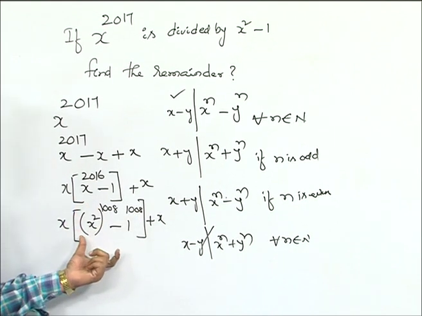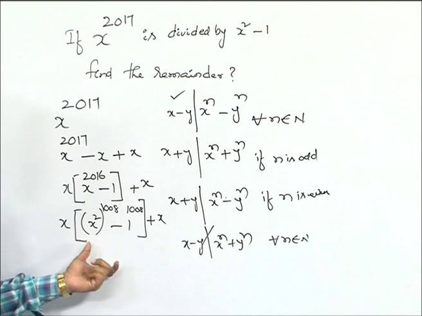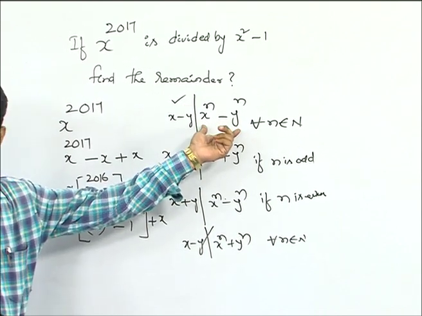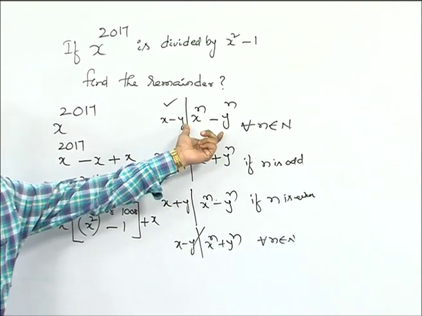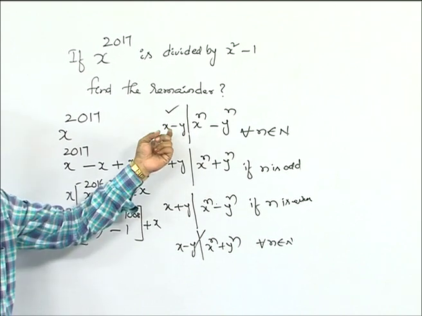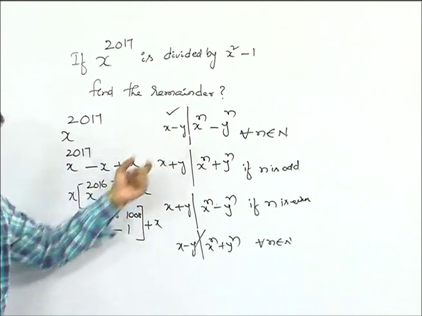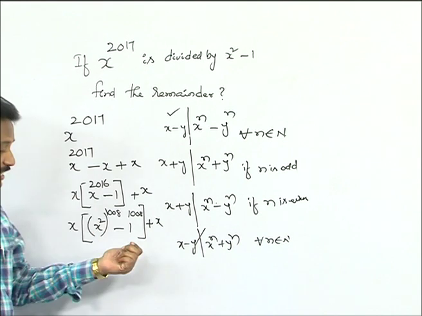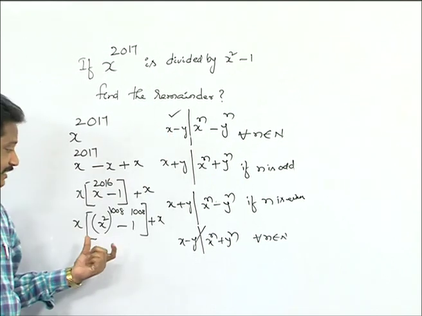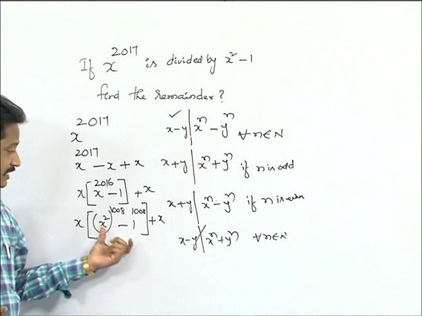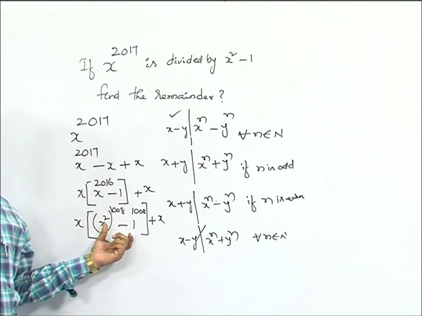So it is very clear this number is in the form of x^n - y^n. When it is in this form, it is divisible by x - y. What is our assumption? x is x square and y is 1, means this is divisible by x square minus 1.